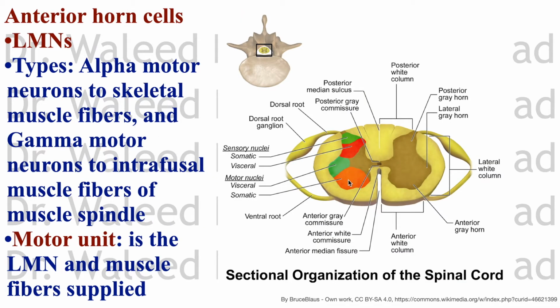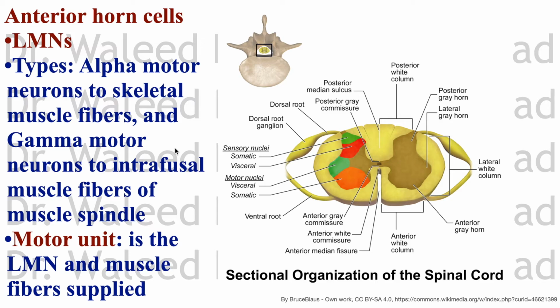The anterior horn is motor, the posterior horn is sensory, and the intermediate horn is autonomic. Types of the cells in the anterior horn: motor neurons are lower, they are called the lower motor neurons, and they are of two types mainly: the alpha motor neurons that supply the skeletal muscle fibers itself, and the gamma motor neurons that supply the muscle spindle within the muscle.